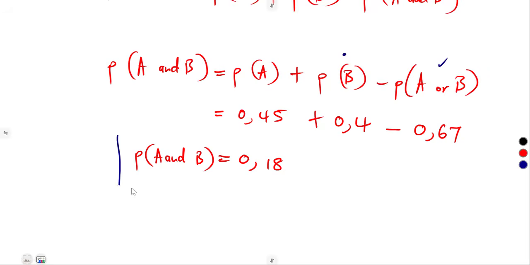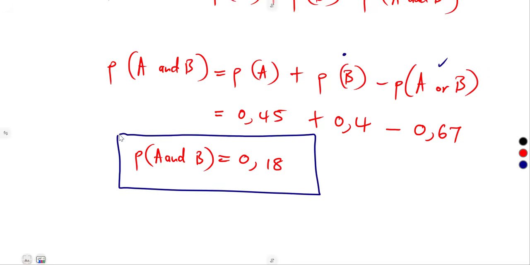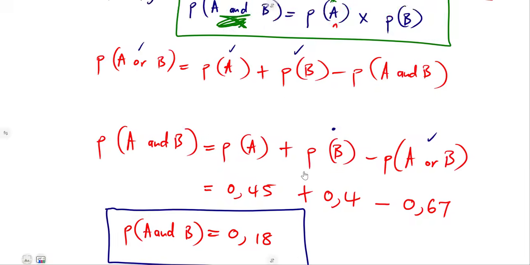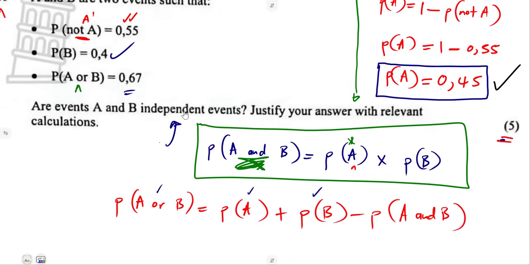So the question here is for us to verify if this is true. Are these events independent? A condition of independent events states that the probability of A and B is equal to the product of the probabilities.